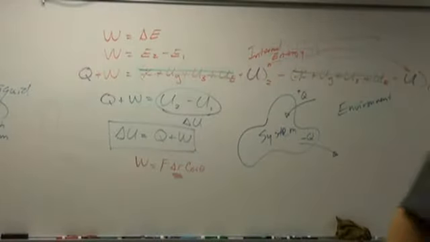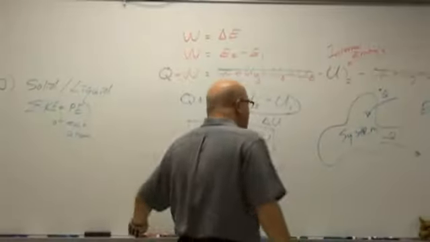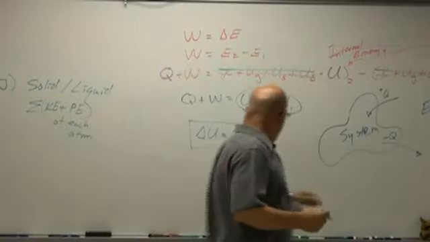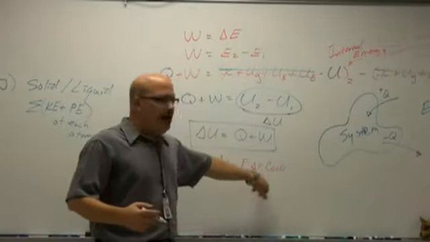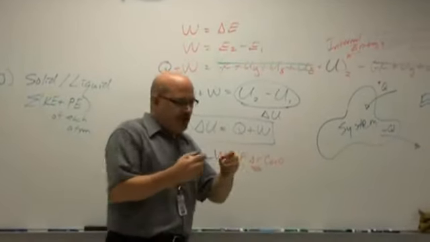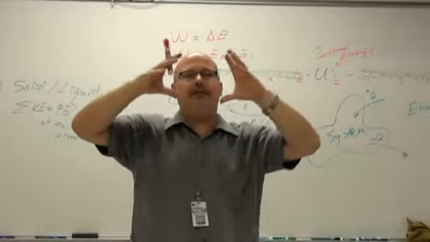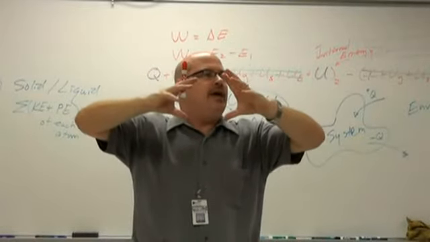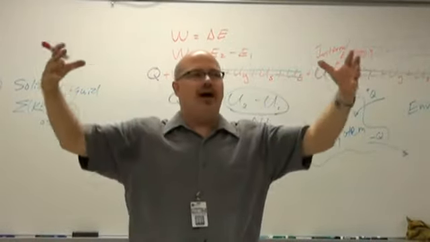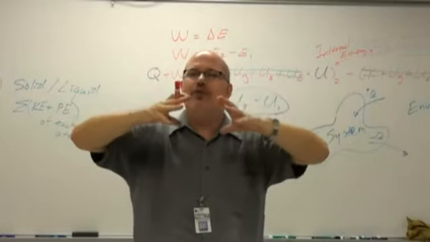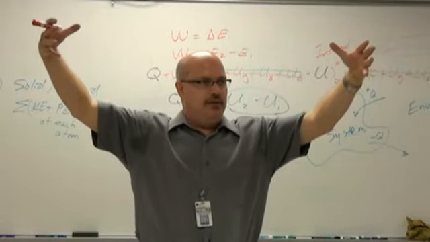We need to talk about work real quick. Since work is F delta R cosine theta, it implies movement. So our environment and system have to move. In order for the system to interact with the environment, it has to move into the environment.